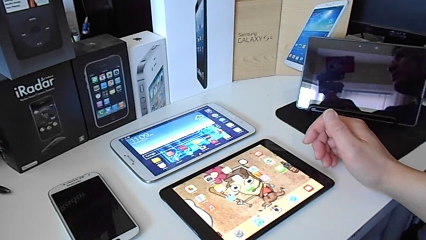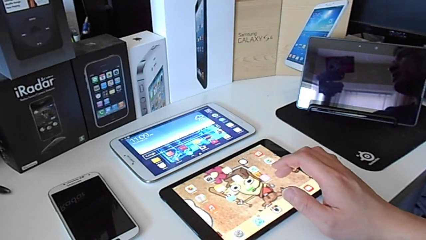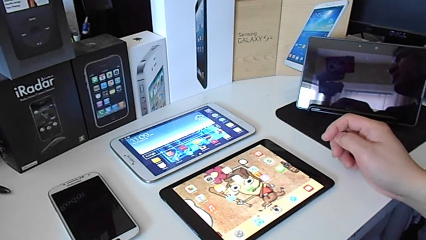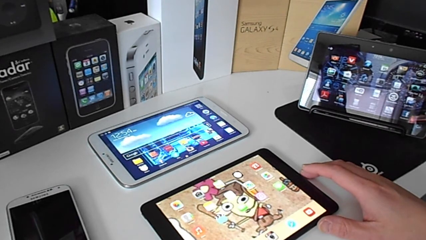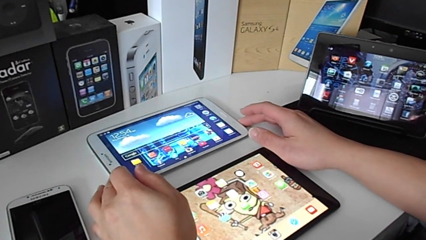Now, for me, that's excellent. Most people that have had iPods, iPads and iPhones know that space can fill pretty quickly.